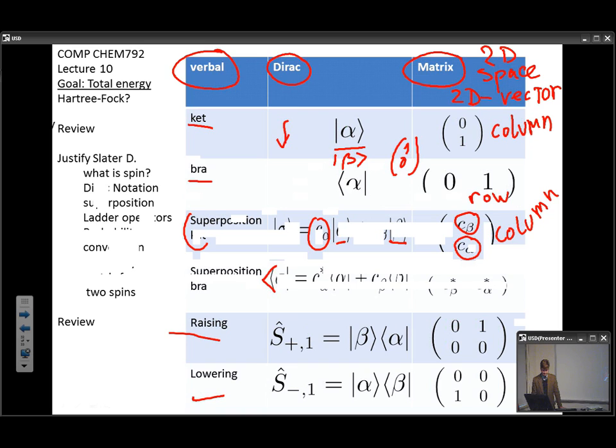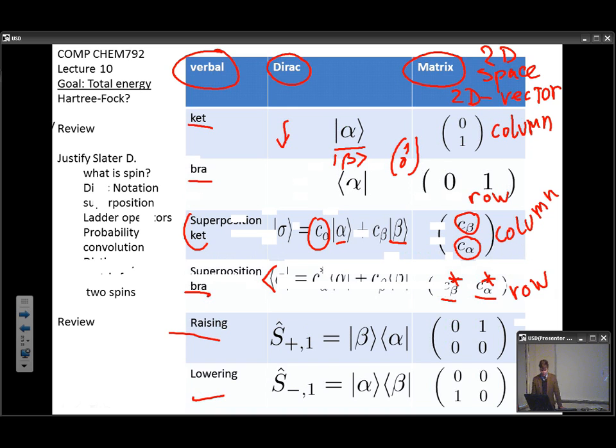If it is a bra, then the same coefficients are arranged in the form of a row vector, and they have a conjugation, so that if we multiply row by column, we will get normalization. We will get 1. And here are the operators. If the quantum states are vectors, then the operators are matrices, because a matrix is something that acts on a vector and converts it into another vector.